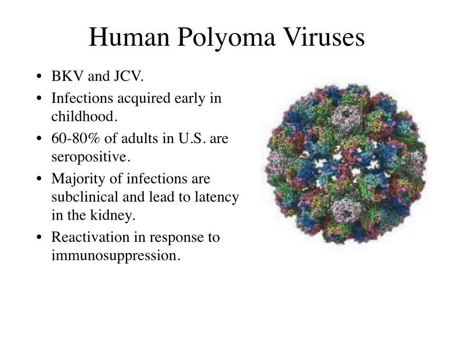There are human polyomaviruses as well. We'll talk about BK and JC viruses. Each of them got their names from the initials of the patient from whom the virus was first isolated. For both viruses, the infections are acquired early in childhood, and adults in the U.S. population are largely seropositive, so these viruses are ubiquitous.